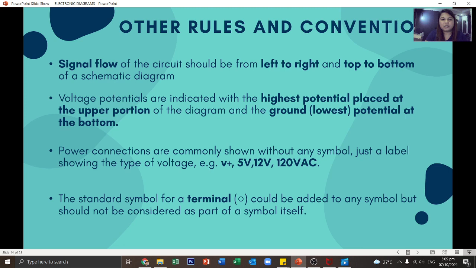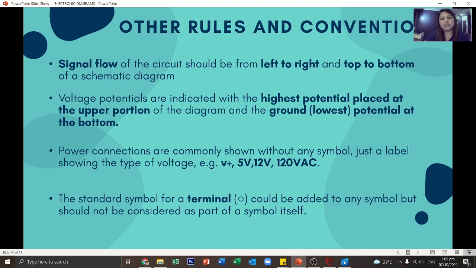Other rules and conventions. The signal flow of the current should be from left to right and top to bottom. Usually, when we draw the circuit or the diagram, the power supply is on the left side. So if you trace the signal flow, it is from left to right.